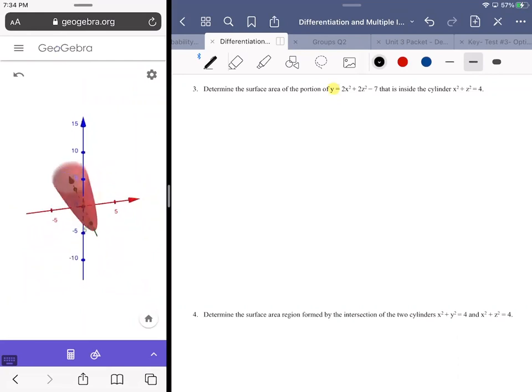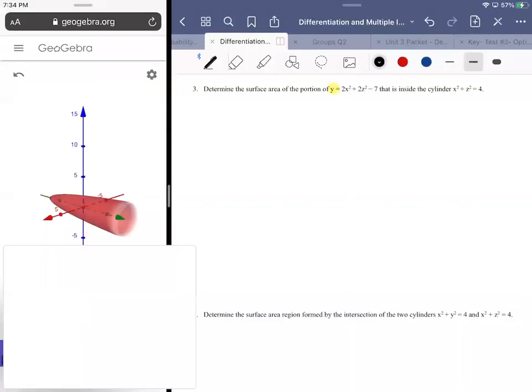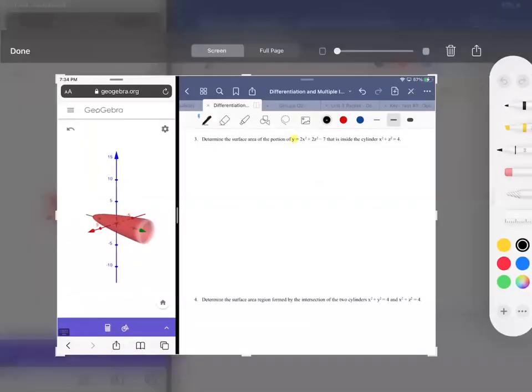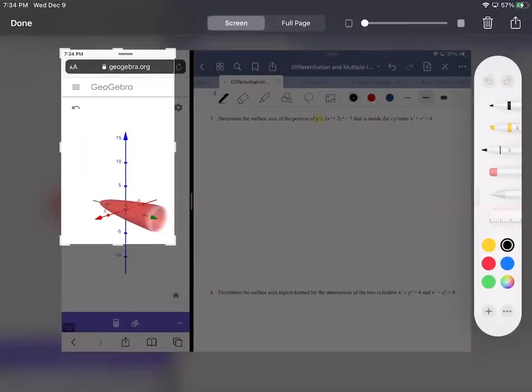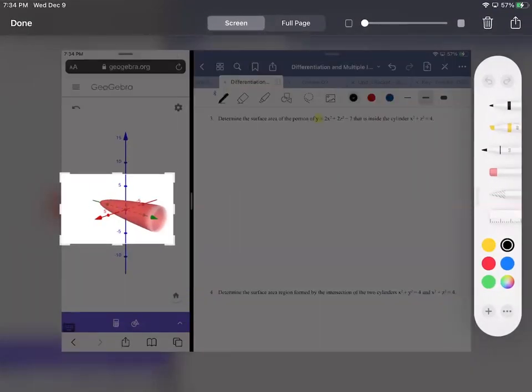Looks like a little bullet there, but really what we're looking at is a paraboloid. I'm just trying to get the orientation right here. Yeah, this is a more appropriate orientation. Let me bring that in and get a good looking image of it.